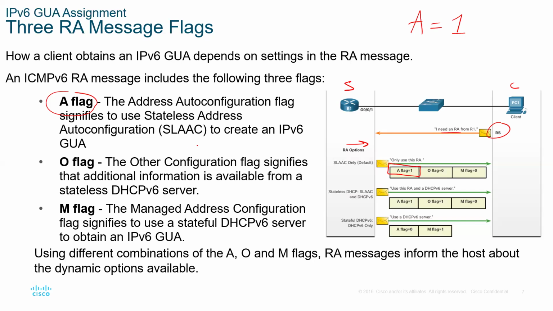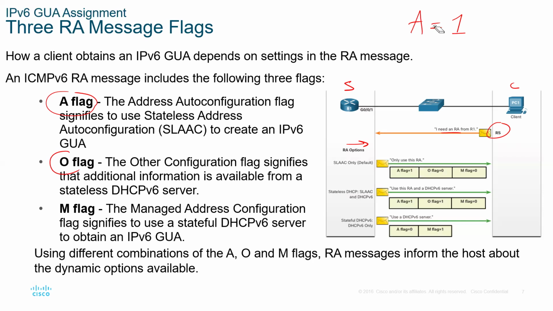And by default, as you can see, the value of A is 1 on all routers. By default, they use SLAAC only. Then we have other values. We have the O value, which is the other configuration flag. This one basically instructs hosts that they're using a stateless DHCP for other configurations.